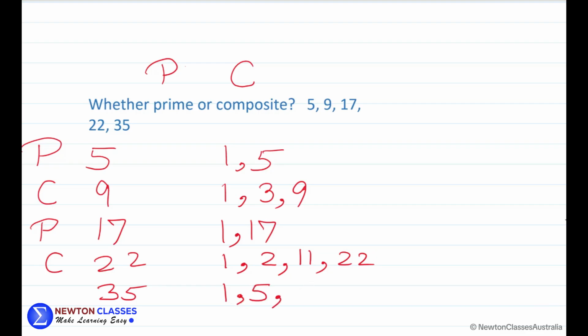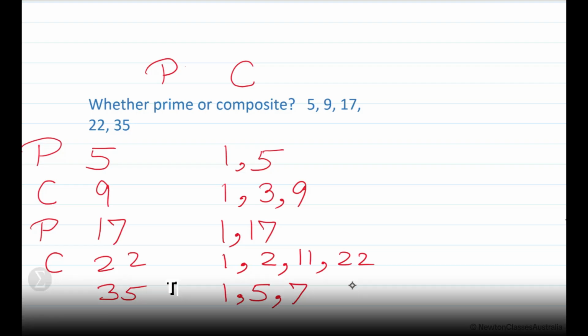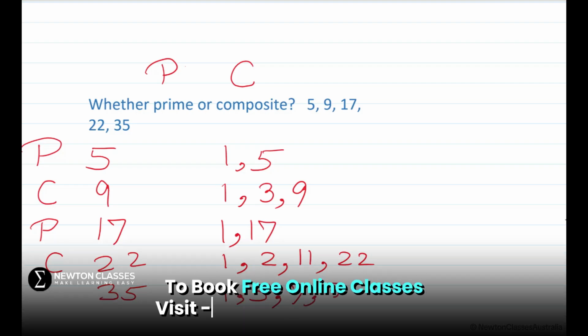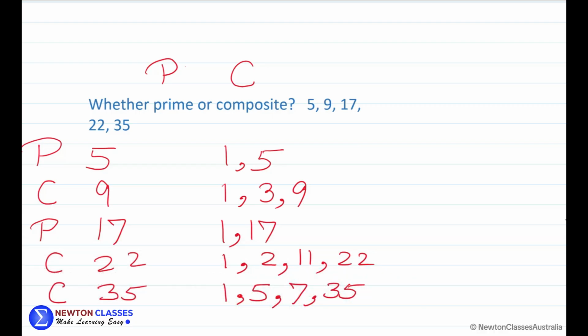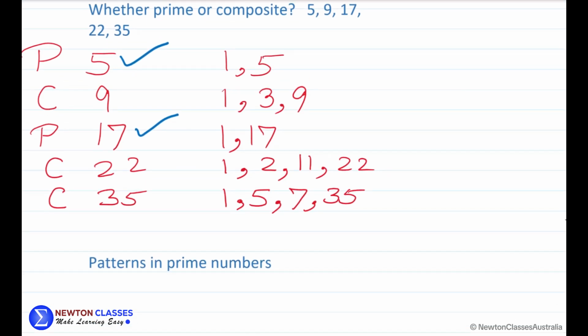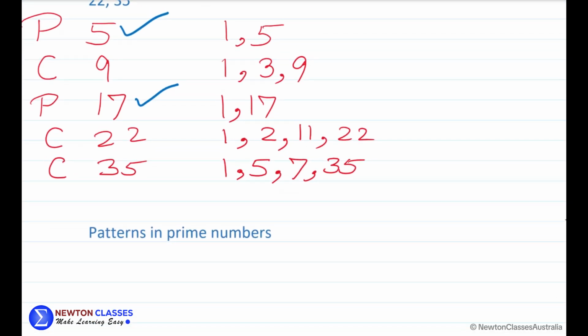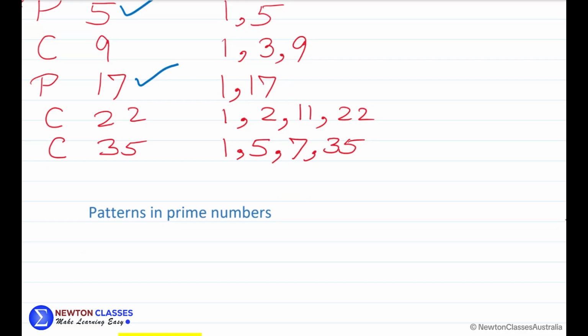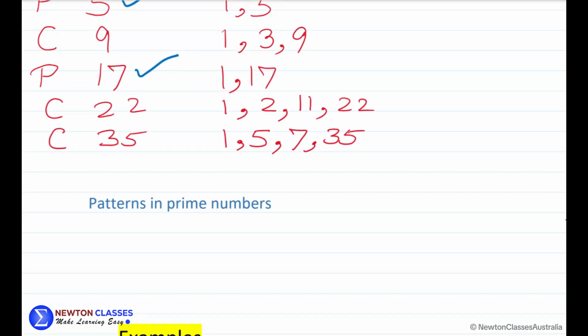We can also divide 35 by 7. 7 times 5 is 35. And 35 by 35. So we have 4 factors there. So it is a composite number, not a prime. So what are the prime numbers here? We got 5. We got 17. You can have a list of a lot of prime numbers, let us say starting from number 2 to number 100. And if you are stuck somewhere, you can freely contact me.